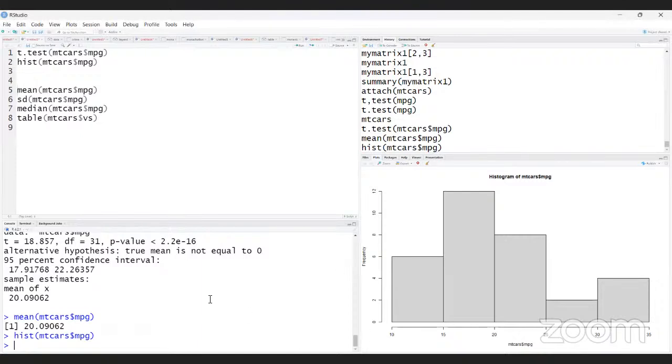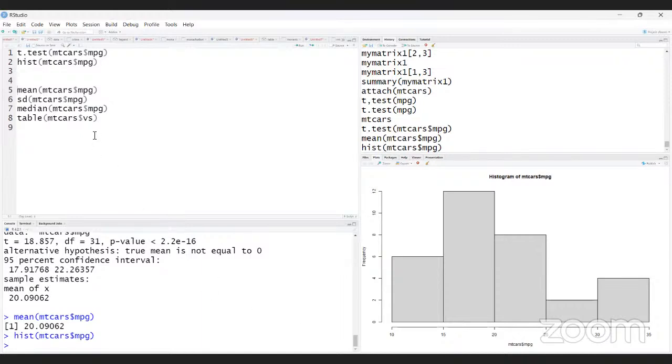So it is showing that 17.92 to 22.26. Okay. So this data might be from this to this. So this is under the confidence interval. So this data we can consider. That means wherein the frequencies are very high, usually that area is selected.